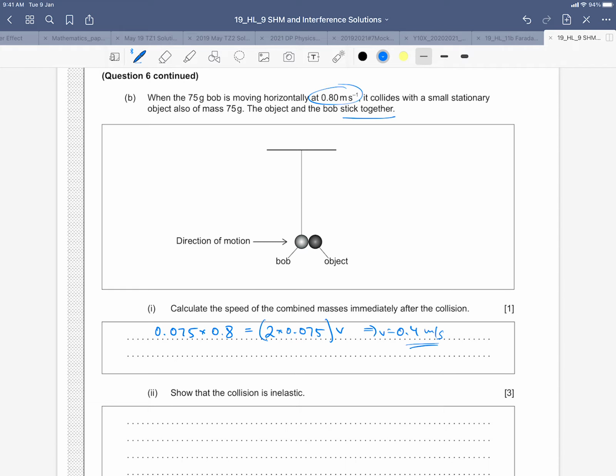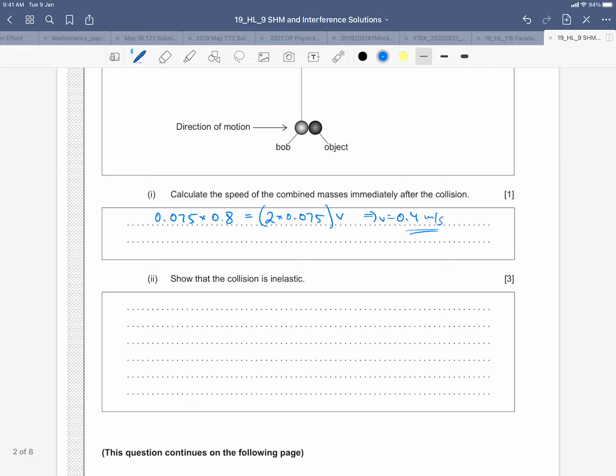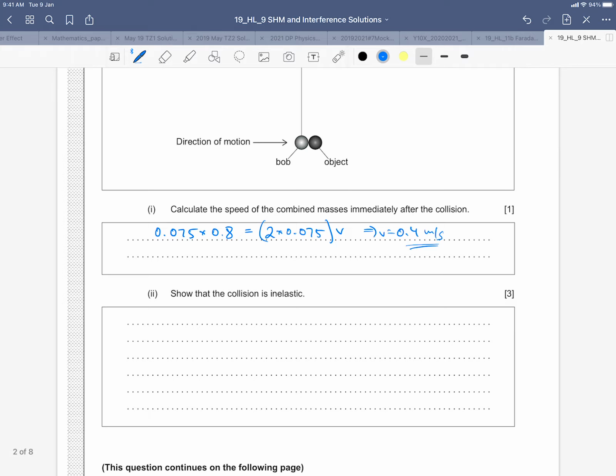Okay. Show that it's inelastic. Okay, well, we know that the definition of an inelastic collision is that the kinetic energy is not conserved. So it's the usual calculation of kinetic energy after and kinetic energy before. We've got half 2m times 0.4 squared, which gives us something like 0.012 joules. That's the kinetic energy after the collision. Before the collision, we had more kinetic energy.